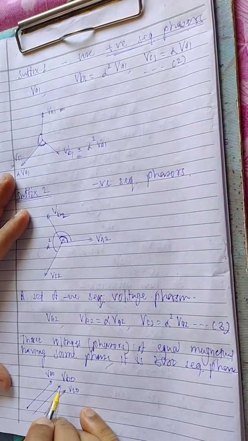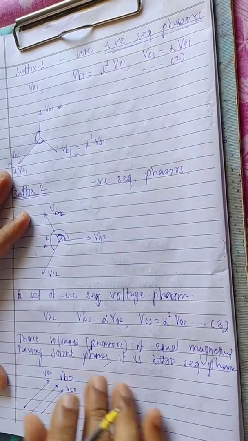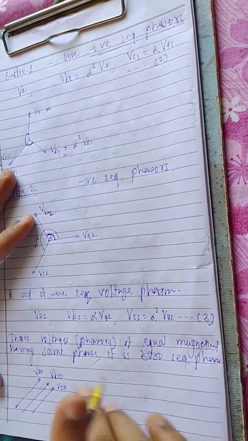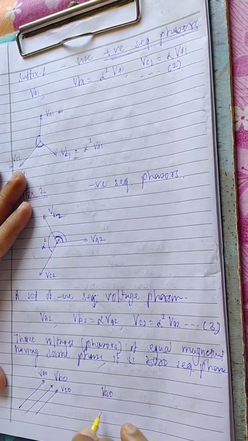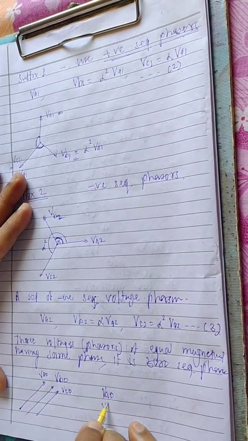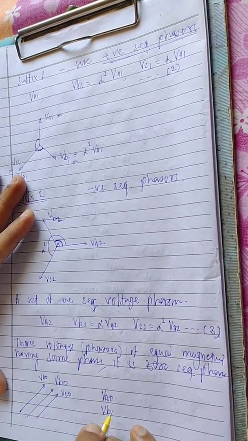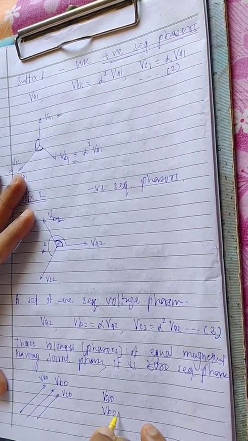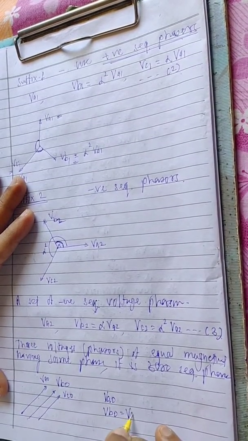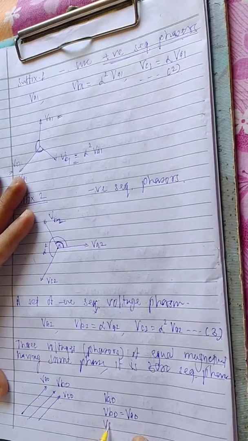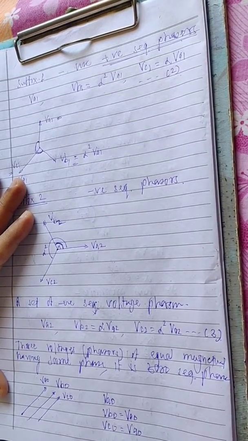These quantities are called zero sequence phasors and can be written as VA0, VB0 equal to VA0, VC0 equal to VA0.